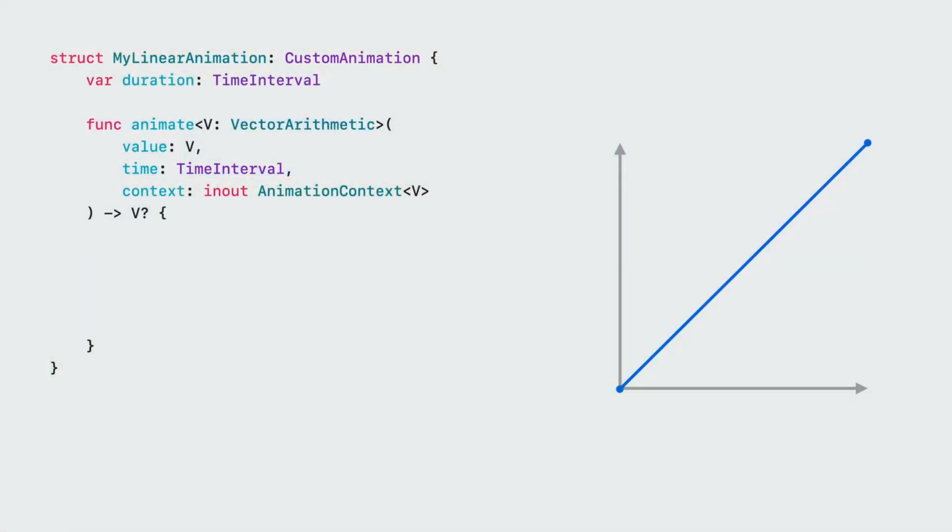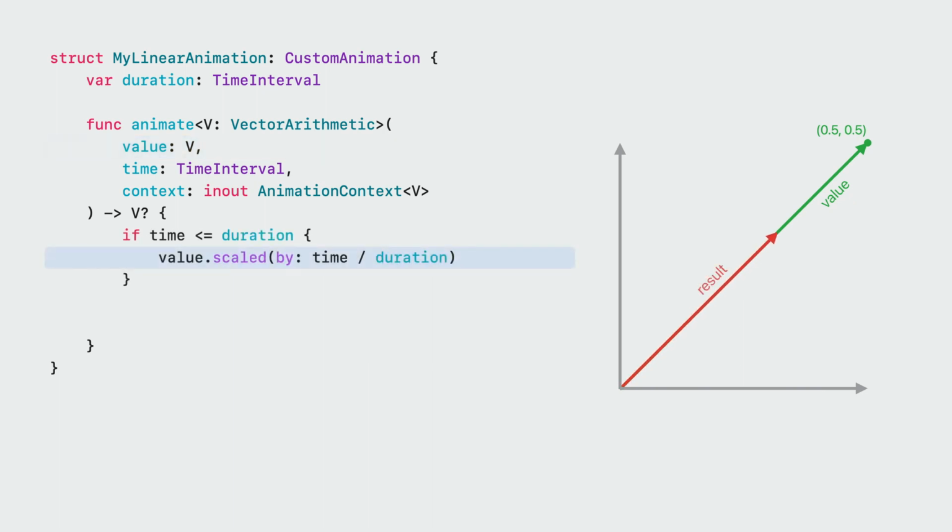Let me show you. I'm going to implement a linear timing curve animation, configured by a duration to interpolate over. Recall that animate is passed the delta vector to animate towards. I can use scalar multiplication to scale the vector by the proportion of the duration that has elapsed.